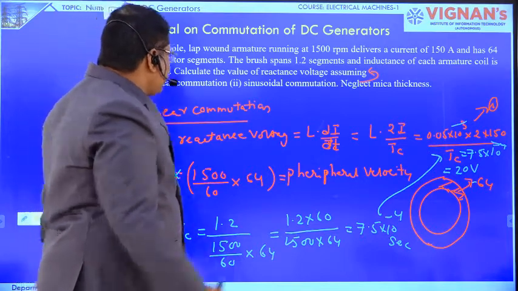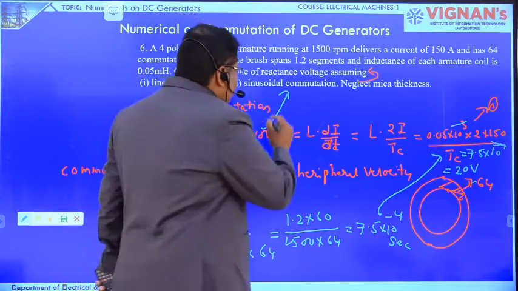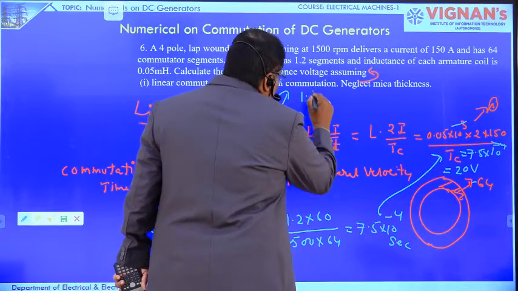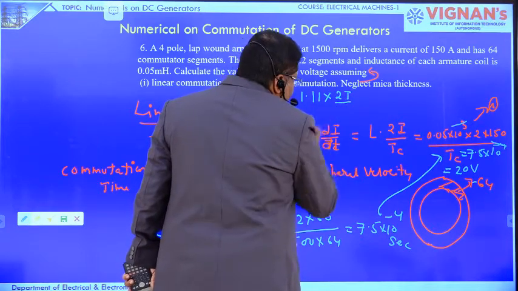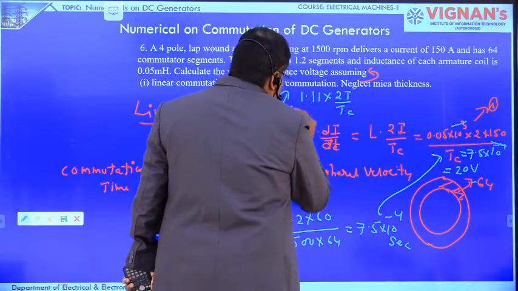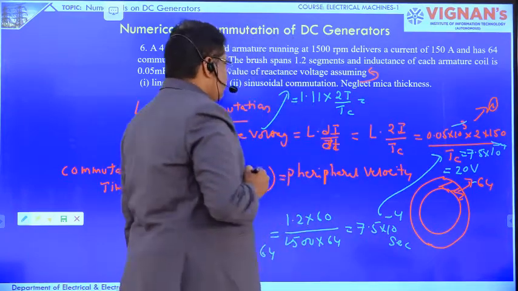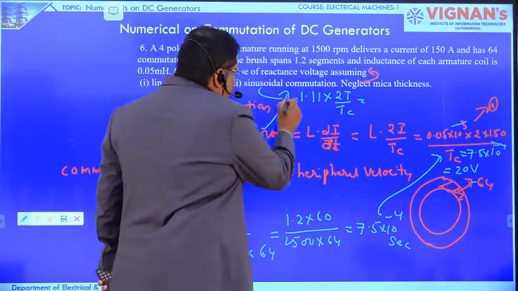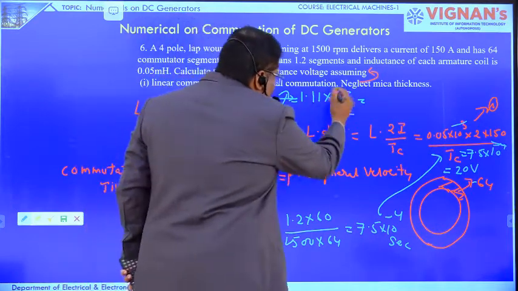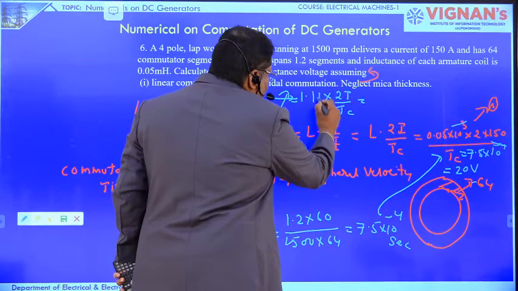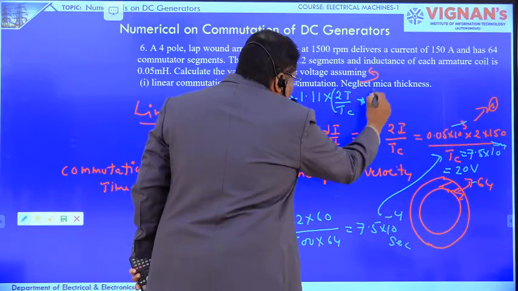Suppose it is a sinusoidal commutation, now this is equal to 1.11 into L into 2I by Tc. This is the reactance voltage in a sinusoidal commutation. Already we calculated this value.